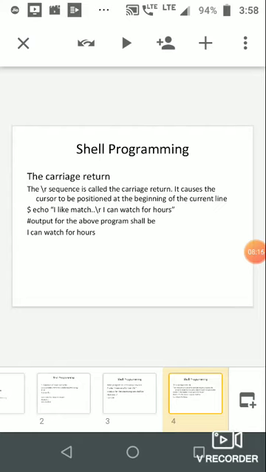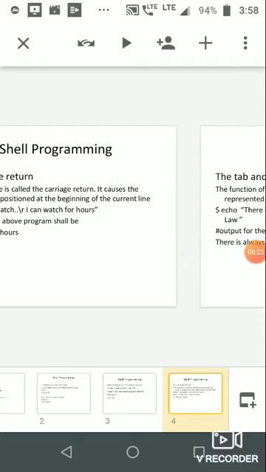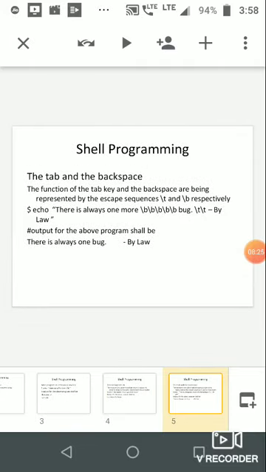Now let us move to the next slide here, and in this slide we shall discuss the tab and the backspace.